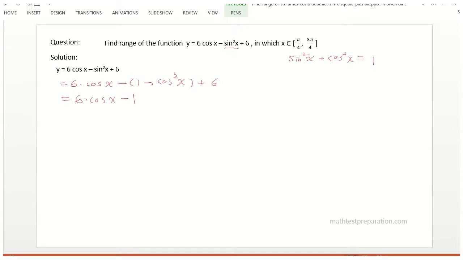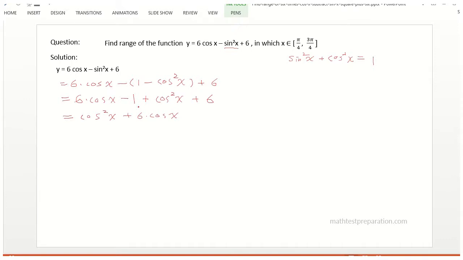Subtract a negative number equals plus a positive number. Cosine x squared plus 6. So this equals cosine x squared plus 6 times cosine x.